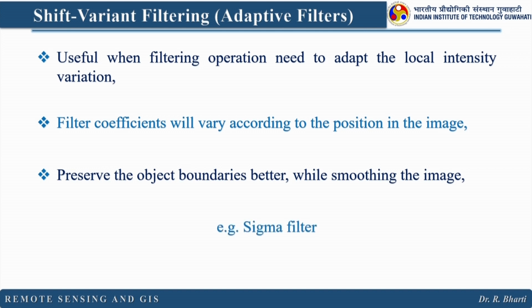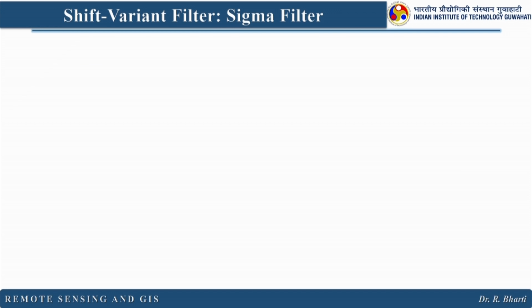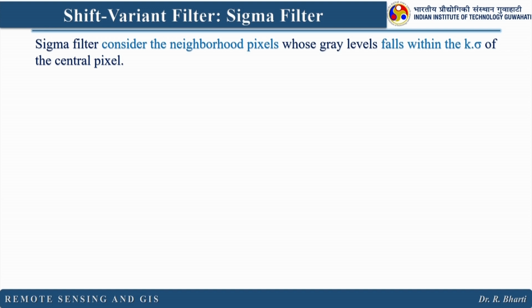So for example, the sigma filter. Let us see what exactly we are doing when we apply a sigma filter to our image. Sigma filters consider the neighborhood pixels whose gray level falls within k sigma of the central pixel.